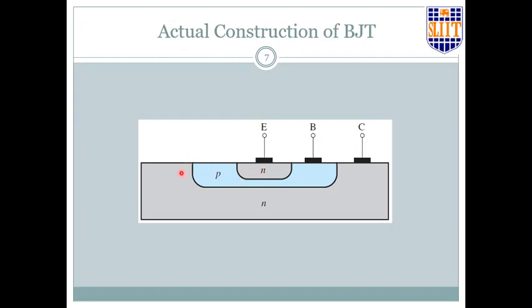What they do in the implementation or construction of the BJT is they create an N piece, the whole N piece, and then they start doping it to P, so this whole area would become P after that process.